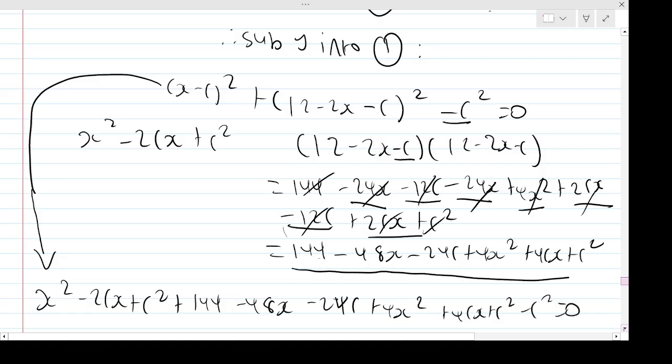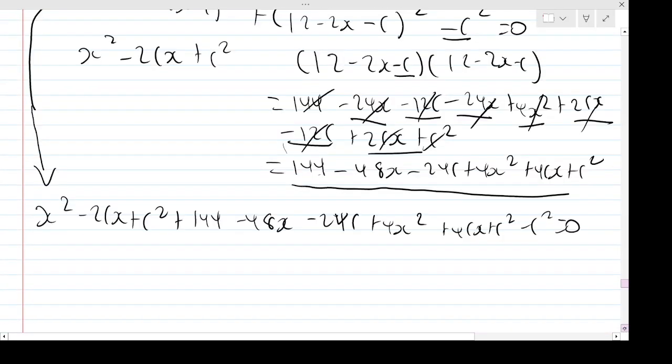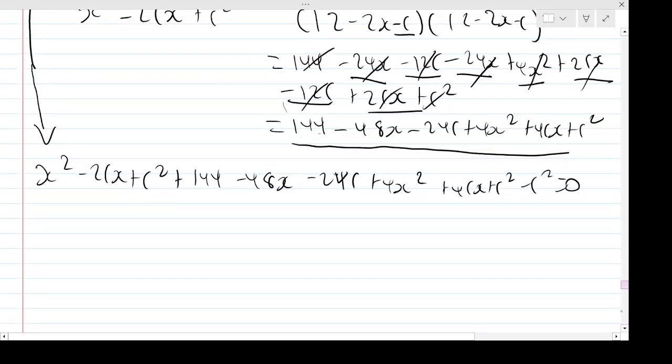Then I need to collect the like terms. I have an x squared here and a 4x squared there, which makes 5x squared. Then I'm left with 2rx minus 2rx, and then a plus 4rx, which will be plus 2rx overall.